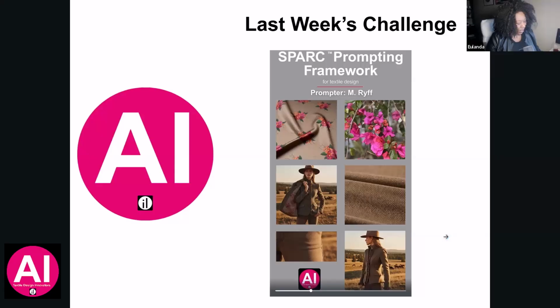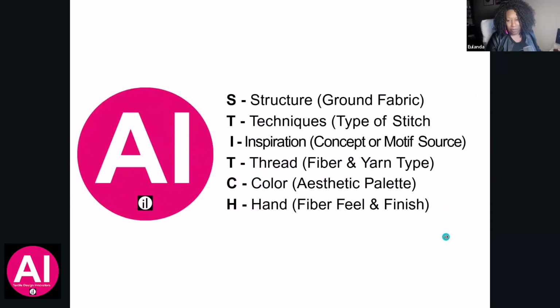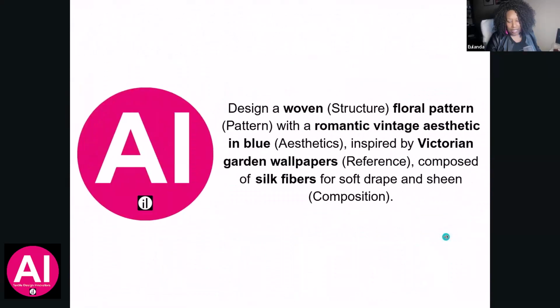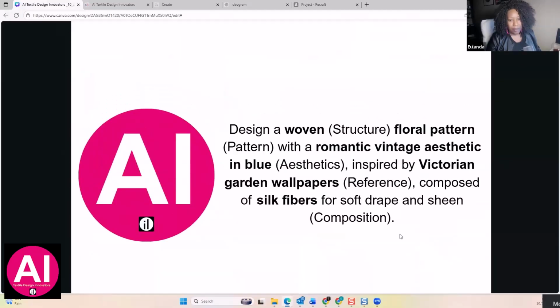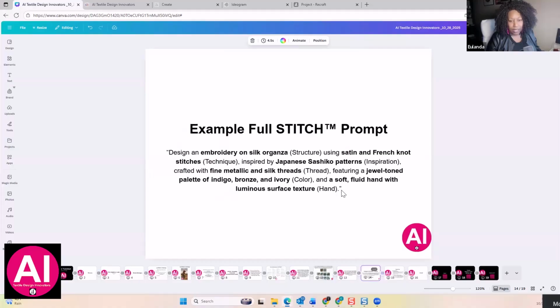Well, I was going to run a quick prompt here. I know we're getting close to the end, but I have this prompt. Whoops, nope, that was not the one I wanted. This was the one I wanted.